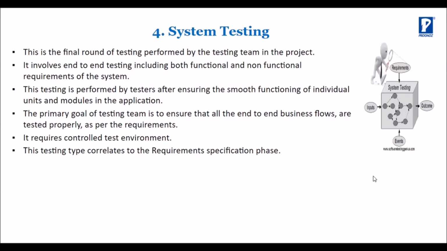You can perform these kinds of testing after system testing is done, or at least you understand the system is stable. The primary goal of system testing is to make sure that end-to-end business flows, मतलब right from the beginning, log in to log out, everything should work properly. So all the modules should work as per the expectation.